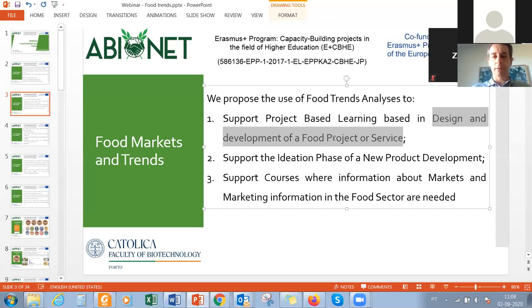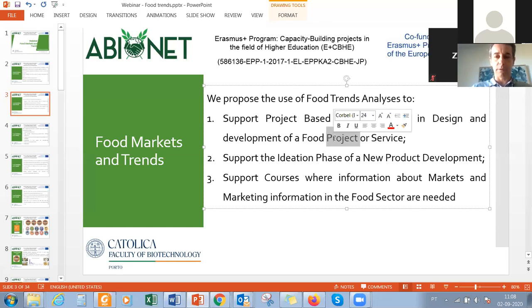So in our degree of food engineer, and also in our degree of food innovation, and also in other degrees that are not focused on food, but they are focused on food-related areas.